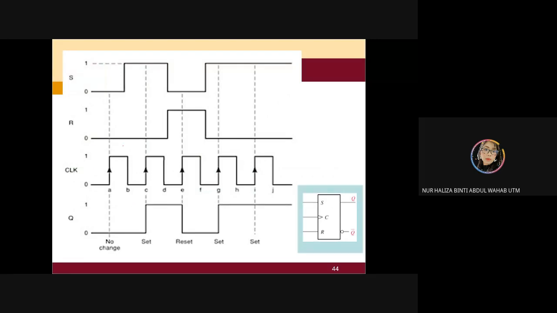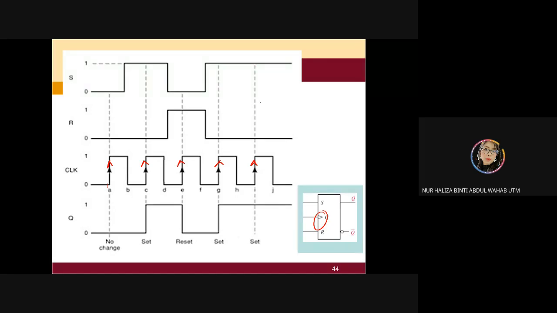So here there is another example. Positive edge here. Positive edge here, you're going to see you have this. At this line, you're going to draw the dotted line.